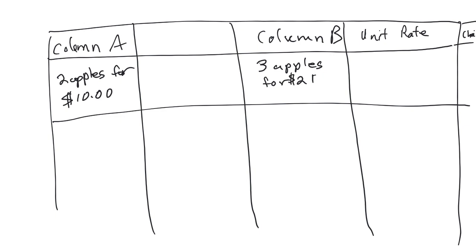What you're going to do is you're going to take the money. Remember, this is always the unit rate, which is just the money, and we're going to divide that by the number of stuff.